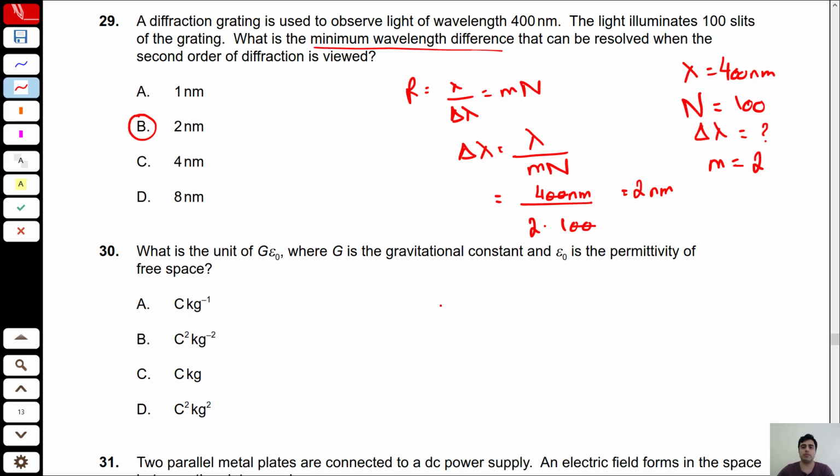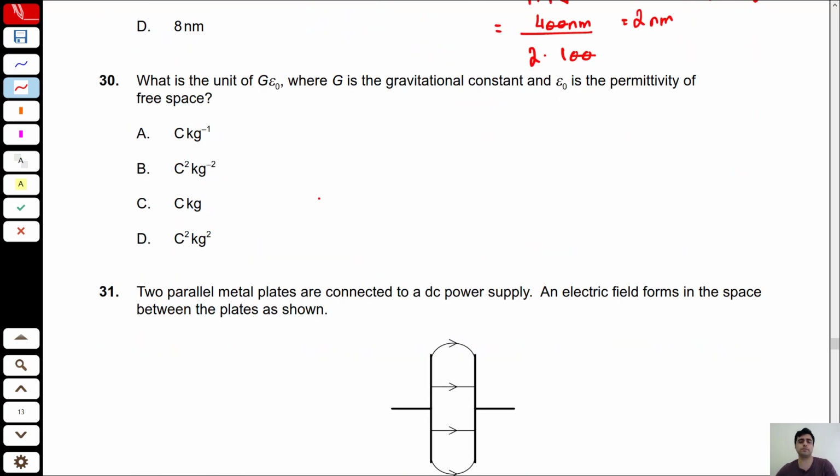What is the unit for capital G epsilon naught? G is the universal gravitation constant, and epsilon naught is the permittivity of free space. For the purpose of units, let's write G epsilon naught in terms of units. What is the unit for G? Let's go back to our data booklet.